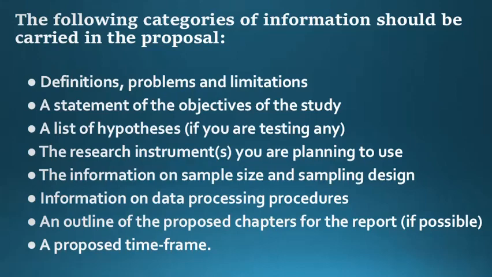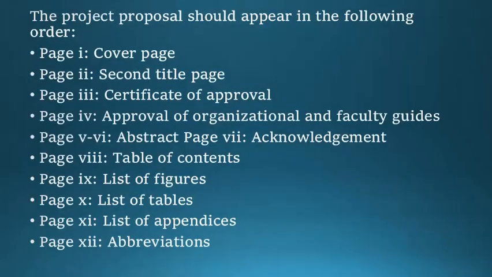The research instruments you're planning to use must be clearly described. And information on sample size and sampling design related to your project. Information on data processing procedures must be there. And there must be an outline of the proposed chapters for the report if possible, and a proposed time frame must also be there.